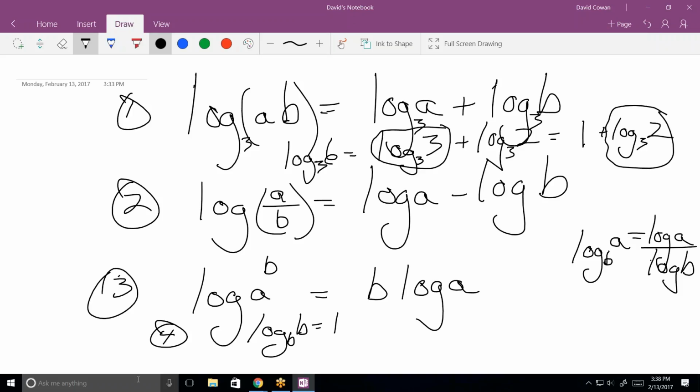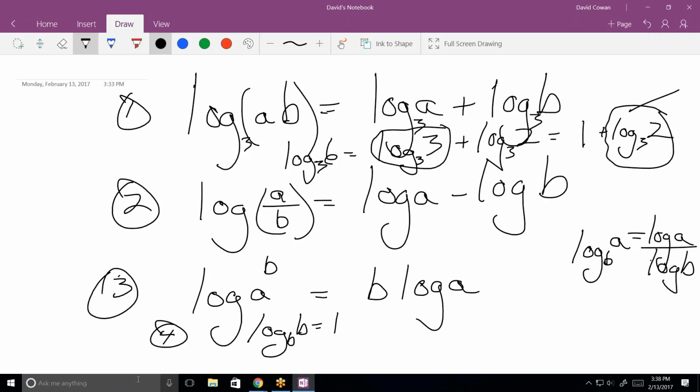And if you had a calculator that only had 2 log keys on it, common log and natural log, you would always need the change of base formula, because that's the only way you could get an answer for log base 3 of 2. In other words, that's going to be the log of 2 divided by the log of 3.